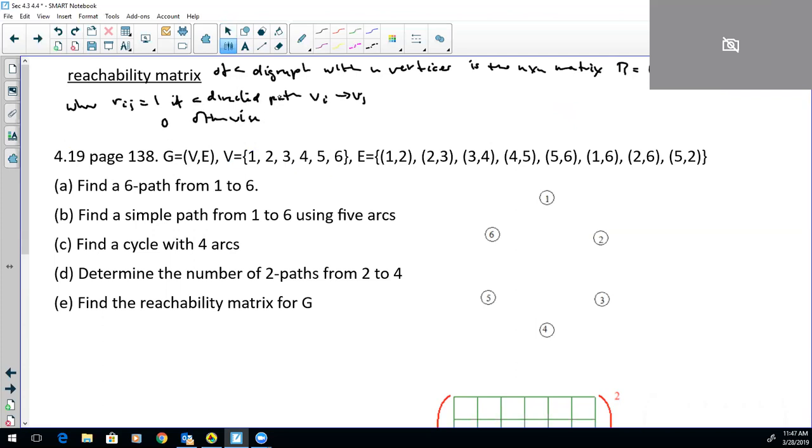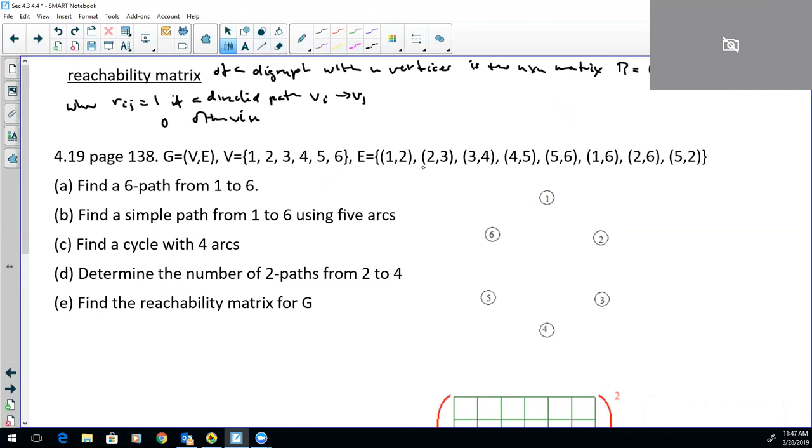Okay, well, let's do an example. And we'll do a reachability matrix in this example. Okay, I have a graph G consisting of vertices and edges. The vertices are 1, 2, 3, 4, 5, 6, and the edges are 1, 2, 2, 3, 3, 4, and so on.